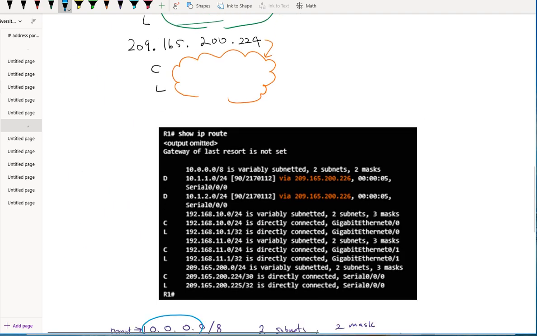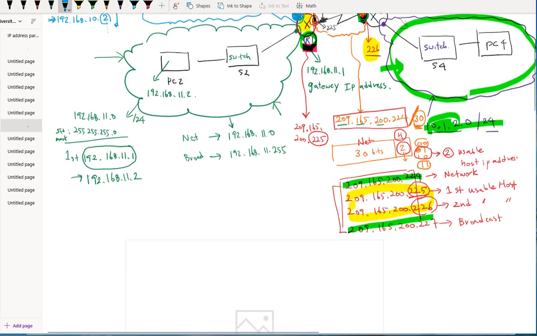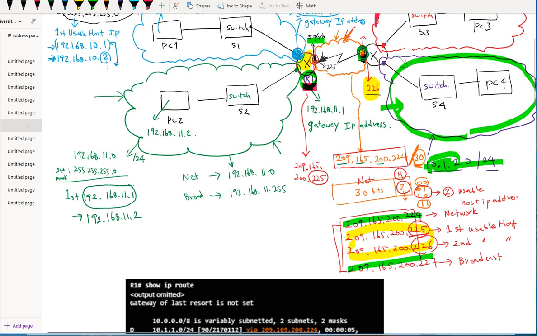So basically, we need to have 3 parent route entries: one for the sky blue, another for the green, and another for this serial link, this orange.